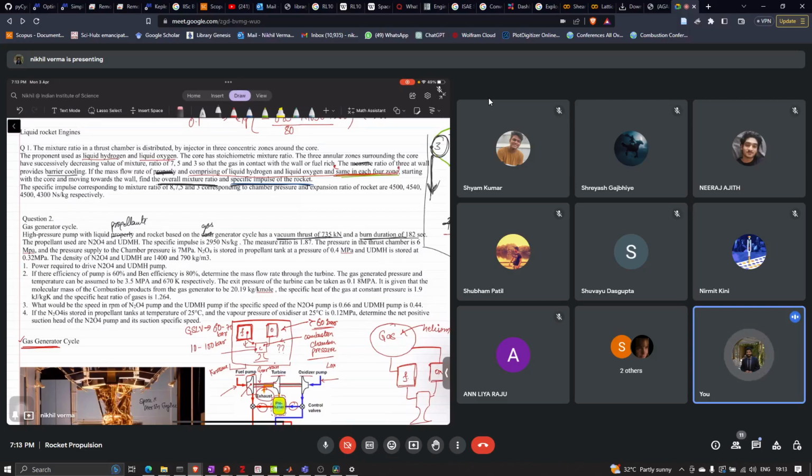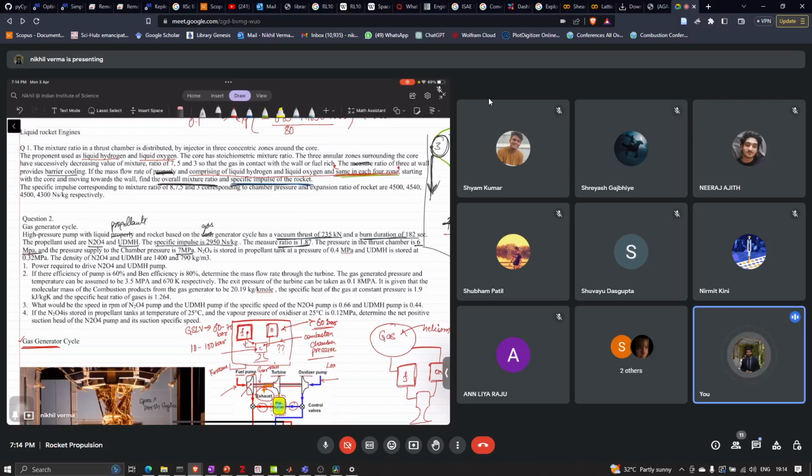We have N2O4 and UDMH as a fuel, which has a specific impulse of 2950 Newton second per kg, and a mixture ratio is given as 1.87. The pressure in the combustion chamber is 6 megapascals, and the pressure supplied to the combustion chamber is 7 megapascals.